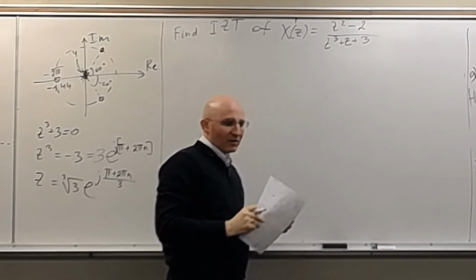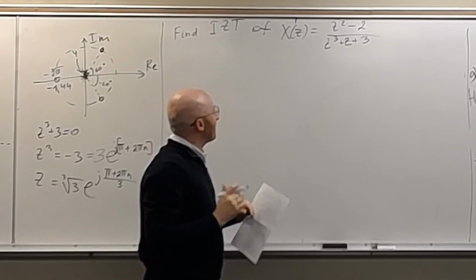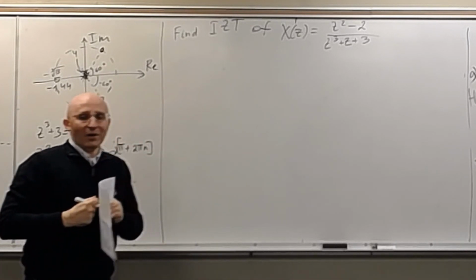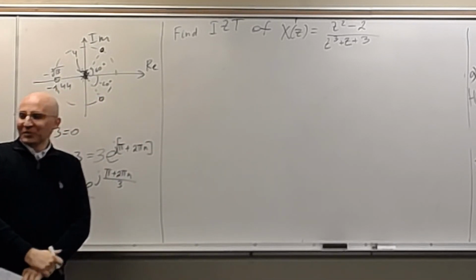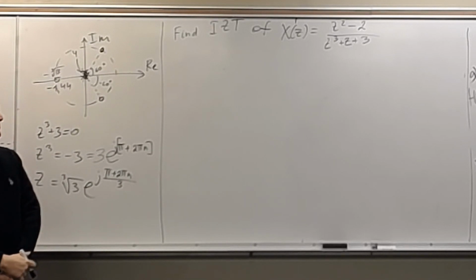You don't have anything close to that in the tables, obviously. And I hope you don't like to solve cubic equations. So, what is the alternative method for finding the actual inverse Z transform of that kind of polynomial divided by polynomial? Long division.